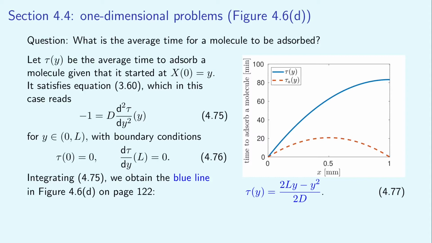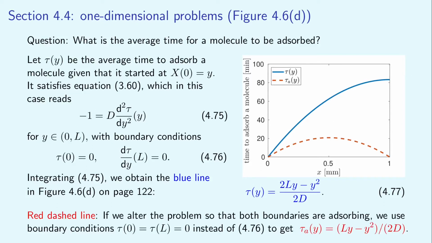Since the left boundary is adsorbing, the average time to adsorb a molecule is 0 if we start at the adsorbing boundary. So tau at 0 is 0, while we have the reflective boundary condition at the other end. Integrating equation 475 and using these boundary conditions, we obtain that tau y is this quadratic function, which we have plotted as this blue line in figure 46d.